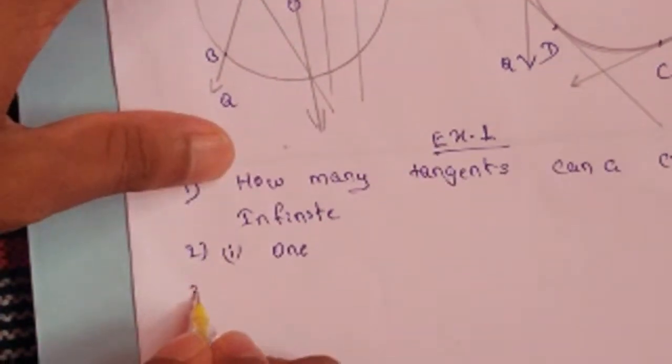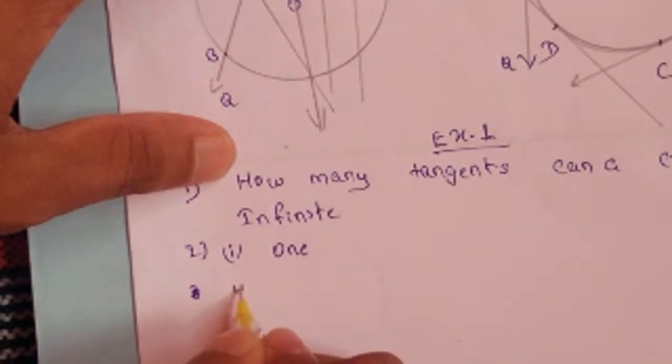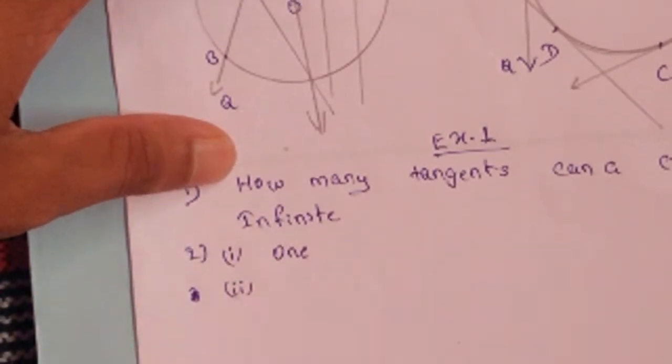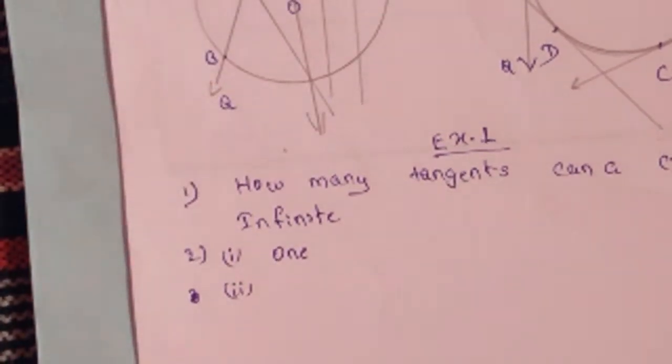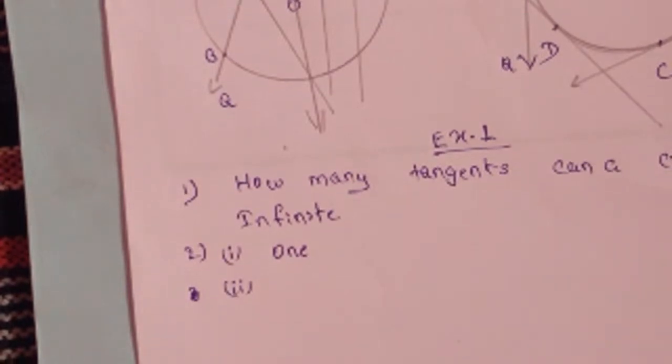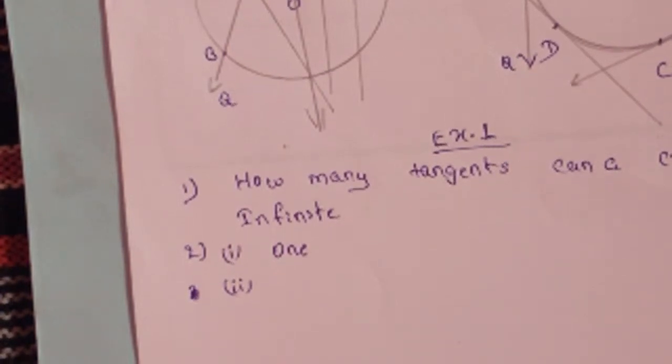Then second question. A line intersecting a circle in 2 points is called a dash. So just now we learnt about tangent. That means a line which intersect the circle at a single point. We are calling that line as tangent. Now in this question they asked about a line intersecting the circle in 2 different points.